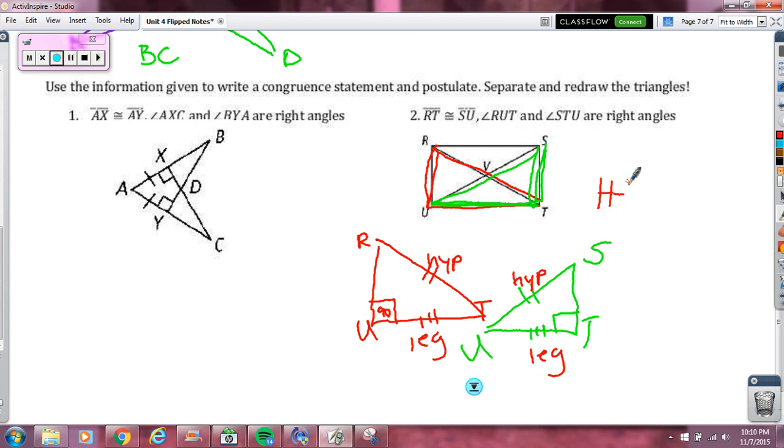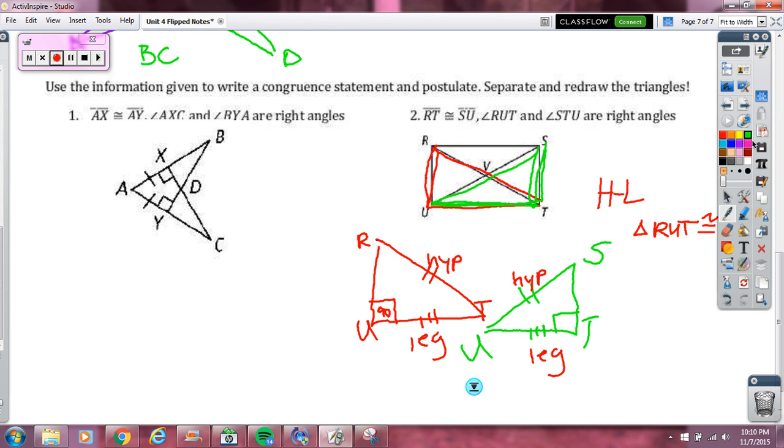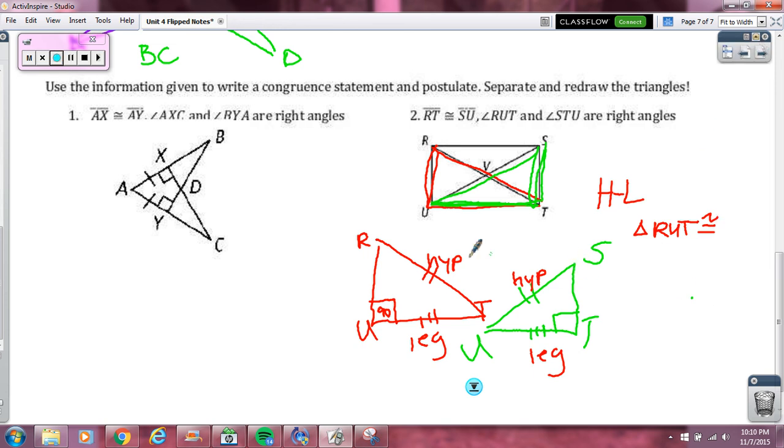So HL is the reason the triangles are congruent. My congruence statement: triangle RUT is congruent to, let's see, R matches up with S. T and U were both the right angles, and then the pointy one over here was T, the pointy one over there was U. So RUT is congruent to STU.